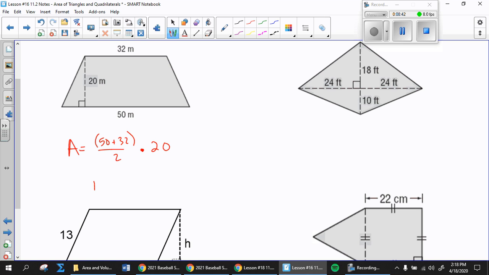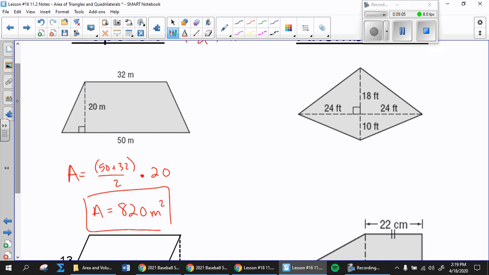Remember order of operations, find out what this is first, and then we'll simplify and multiply by 20. So we're taking 50 plus 32. We're dividing that by 2. We get 41. 41 times 20 should give us 820. Again, it's area, so meters squared.